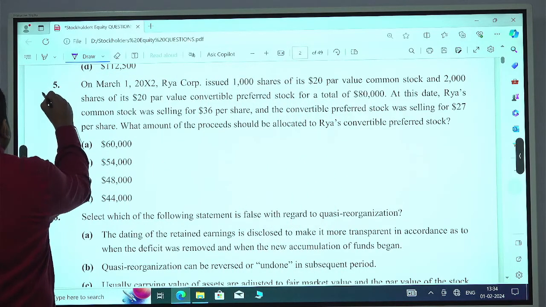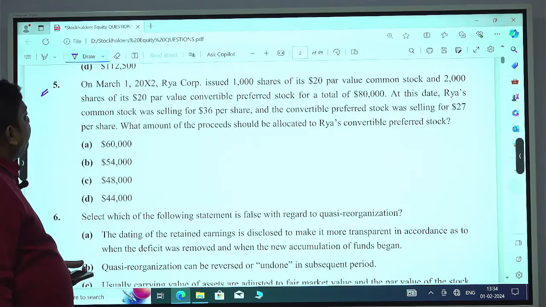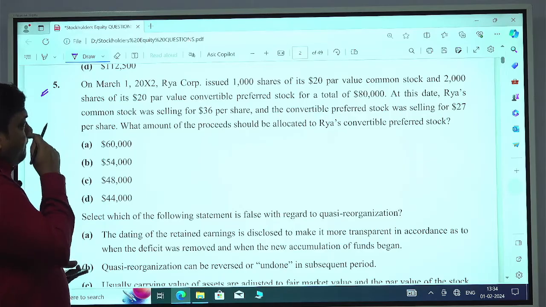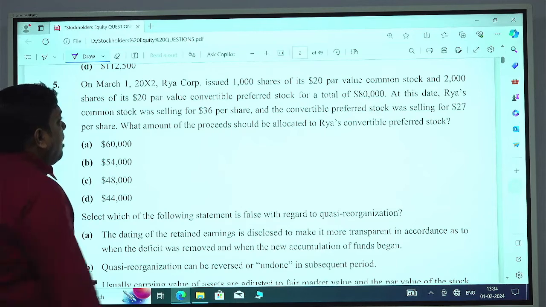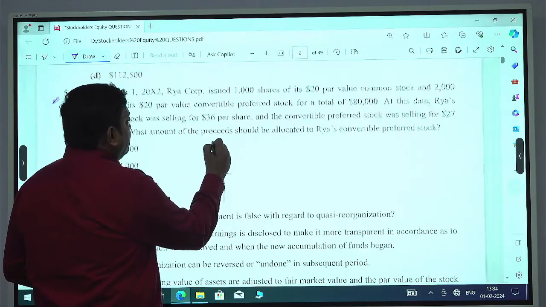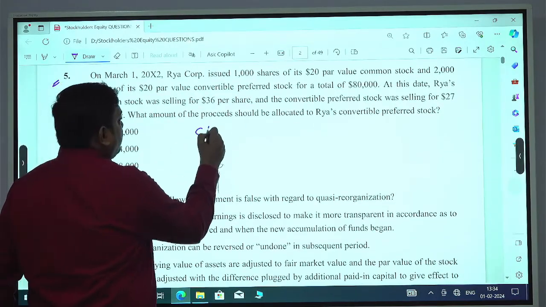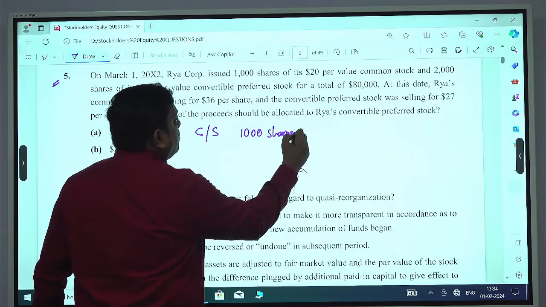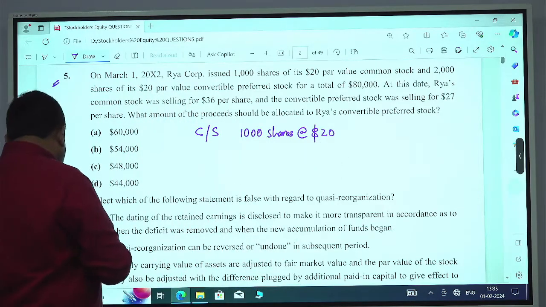Number 5. Now I have issued common stock, 1000 shares at the rate of $20.